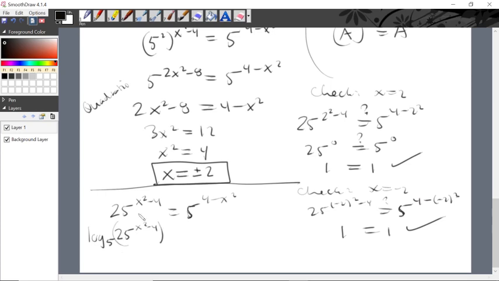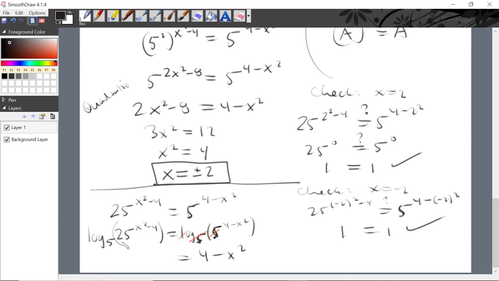So log base 5 of the left and log base 5 on the right. That's going to reduce the right hand side to just 4 minus x squared because we get to cancel out the logarithm with the base of 5 right there. On the left hand side though, we're left trying to figure out what this is going to equal.